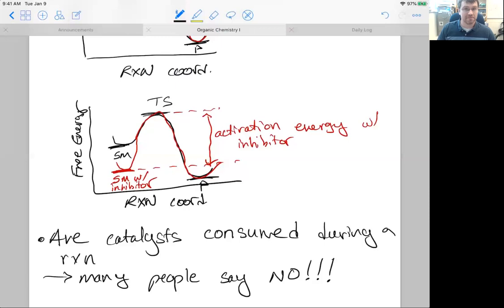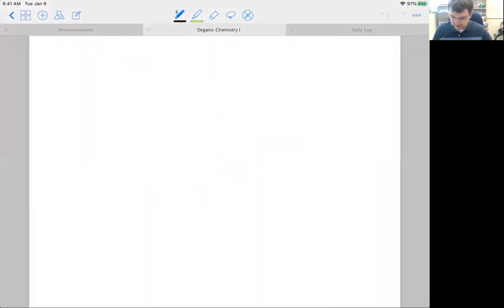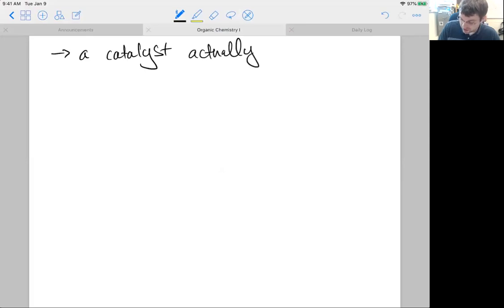And so if you actually dig into the literature and read some of the most thorough definitions of a catalyst, and I think it is important to bring up, which is why I'm doing it, there's an idea that a catalyst is actually always consumed. So unfortunately, if you really want to get into it, a catalyst is always consumed because it interacts with the system.